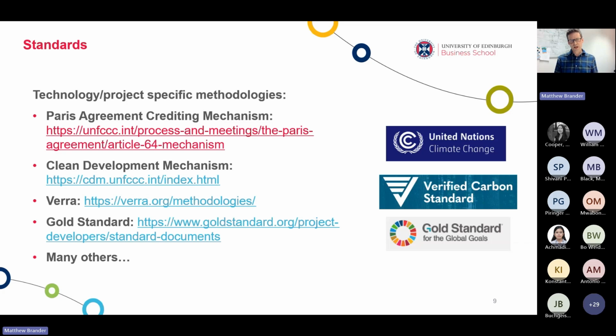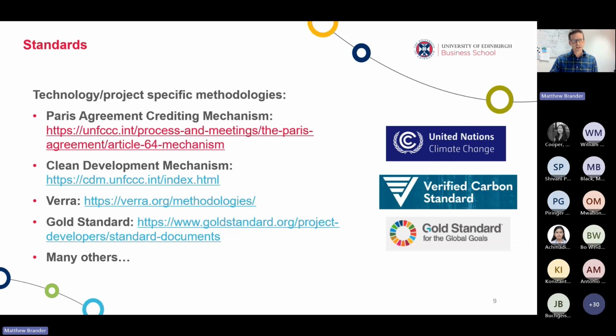So there's a huge library of specific project type methodologies. There will be a specific methodology for renewable energy projects, or clean cook stove projects, or tree planting projects, and so on. So as well as these generic ISO and GHG Protocol standards, there are project type specific standard methodologies out there too.